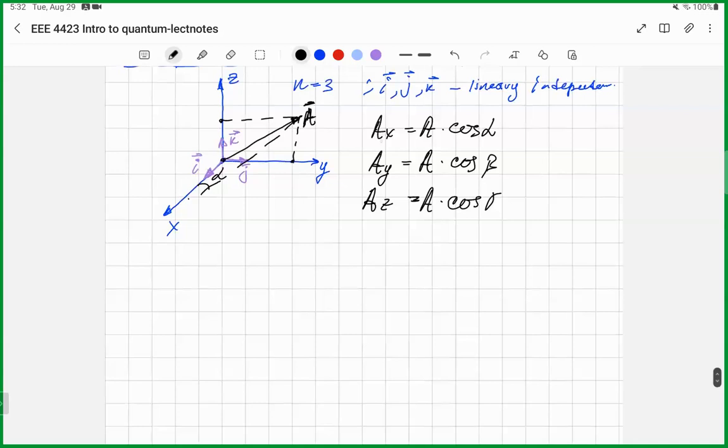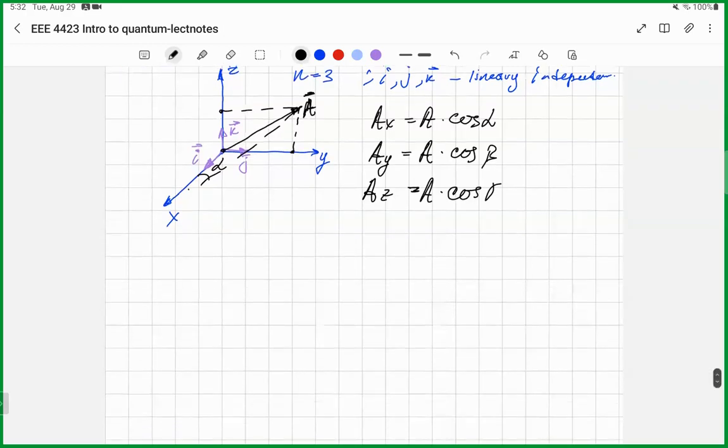Right? So these components a_x, a_y, and a_z, of course depend on the rotation of the coordinate system because of these cosines: cosine alpha, beta, gamma. You rotate the coordinate system, you change the angles, the resulting components also change. But if you take the square of these expressions and then sum them up, cosine squared plus cosine squared plus cosine squared will give you basically 1.